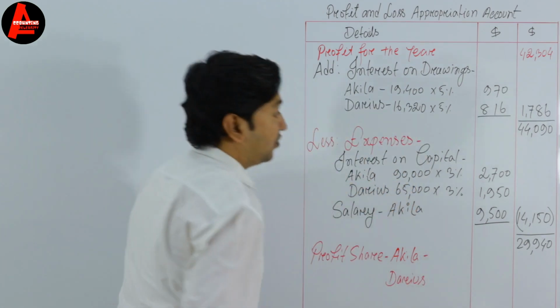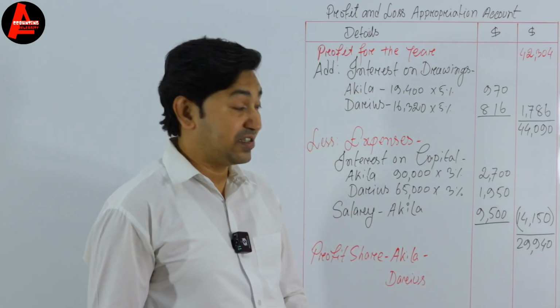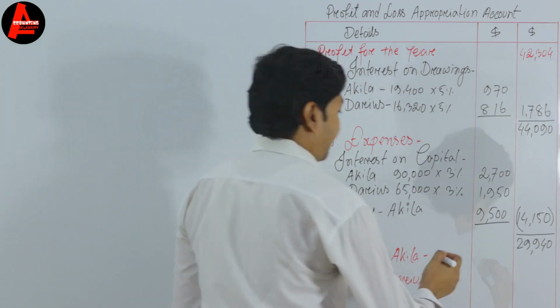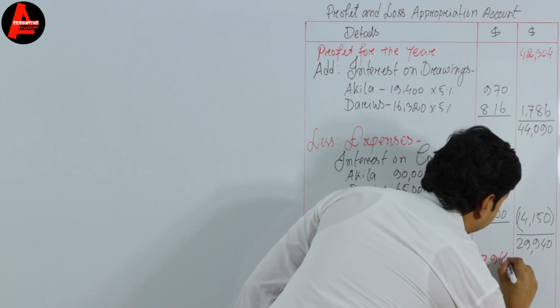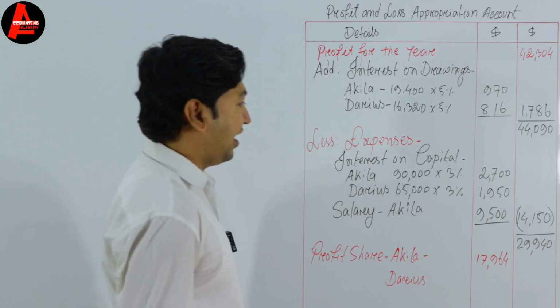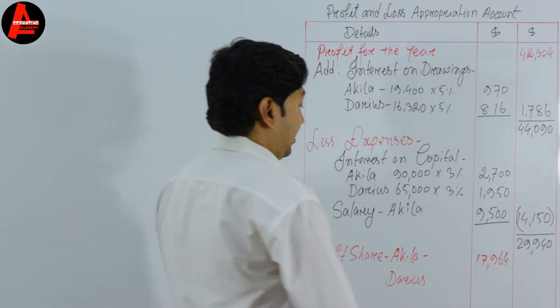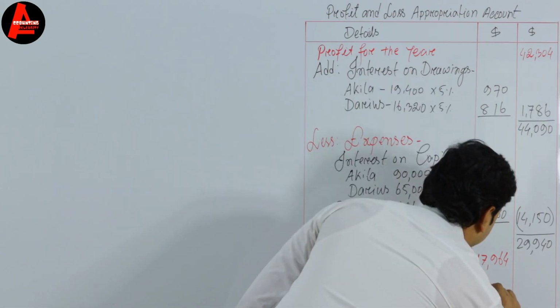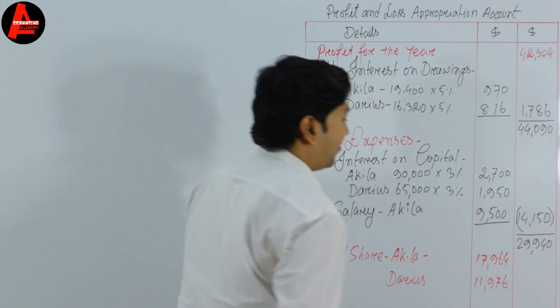So 29,940 times 60% gives 17,964. Again, 29,940 times 40% is for Darius, which gives 11,976.